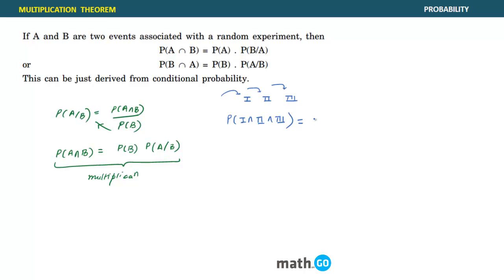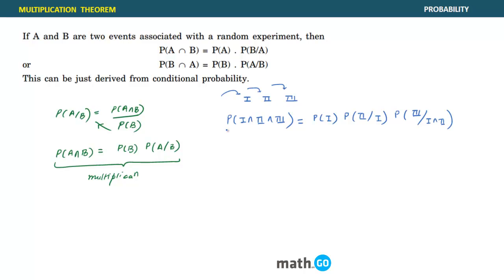So what will happen is, first event that will occur is probability 1. Now the second event will occur, but you will say that second event is occurring when already the first event has occurred. Now understood? Then you will say the third event is occurring. Now when is the third event occurring? When 1 and 2 both have occurred. So this is basically what is meant by multiplication theorem.